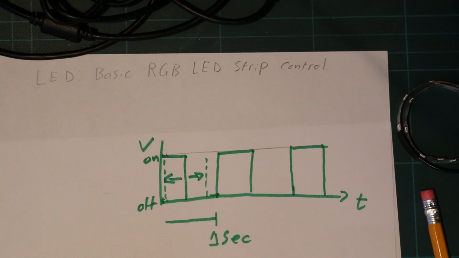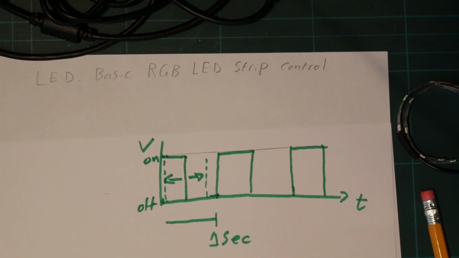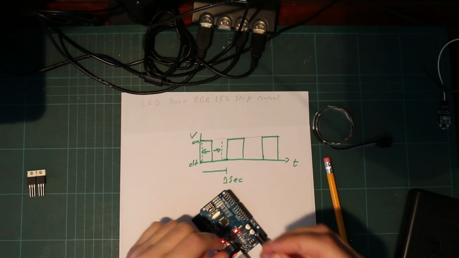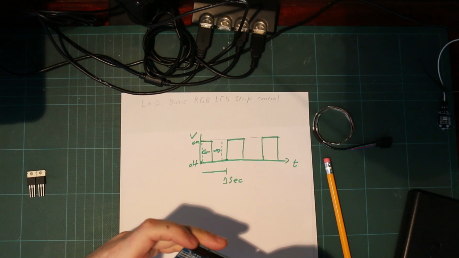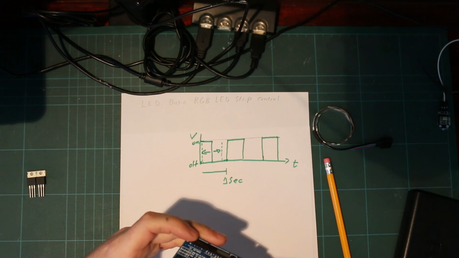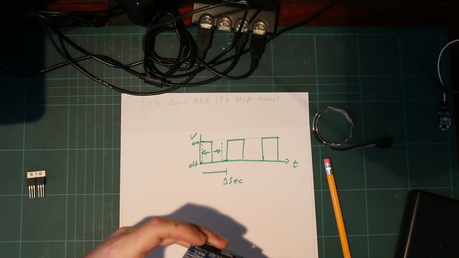So hopefully I might be able to do a quick demo on this here. I have a program running on this whereby it does exactly that. It decreases the time at which it's on.